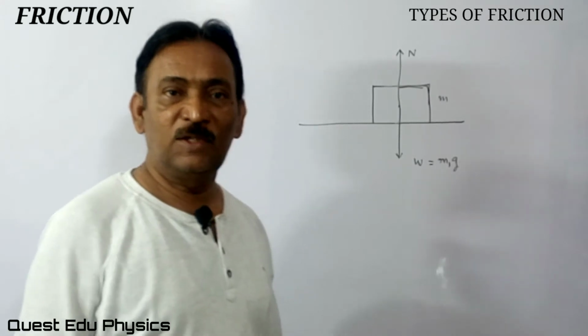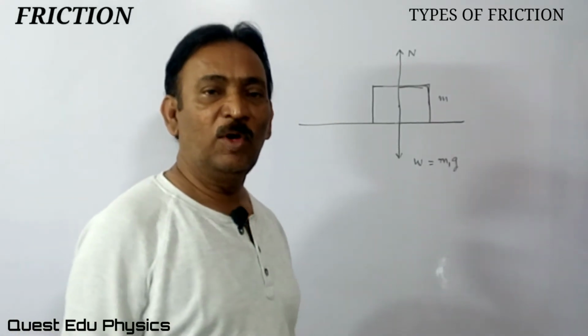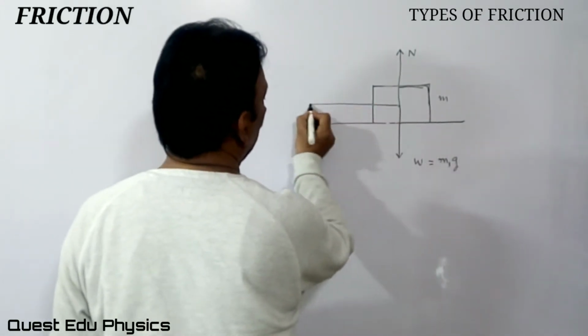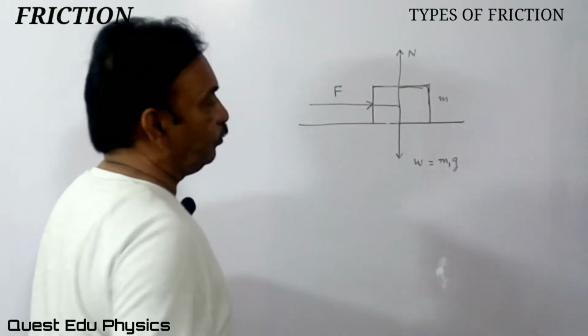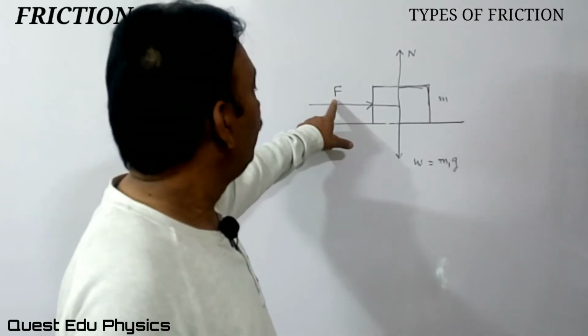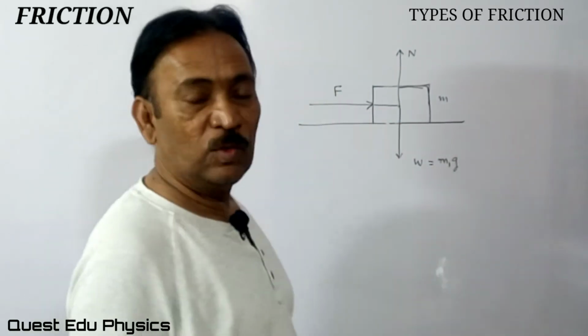Here frictional force is the force which tries to stop the relative motion between two bodies which are in contact. Now say this is the line of action of the force. I am applying a force of magnitude F, and there is a chance whether this force can make this body move or not. It depends upon the applied force.